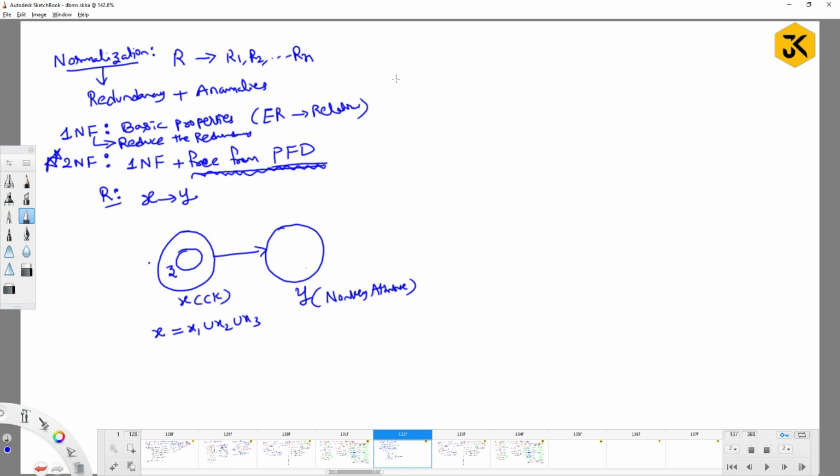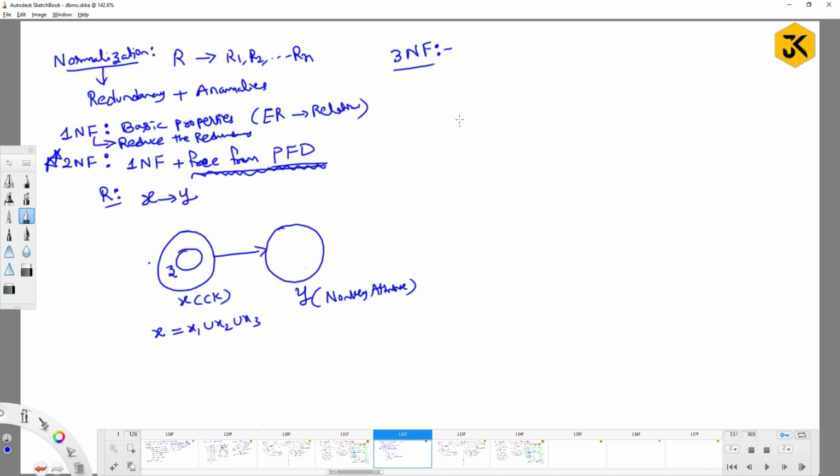Now this 2NF also cannot guarantee to reduce 100% redundancy, right? So that's the reason we move to another normal form, that is third normal form. Why is 2NF unable to eliminate 100% redundancy?